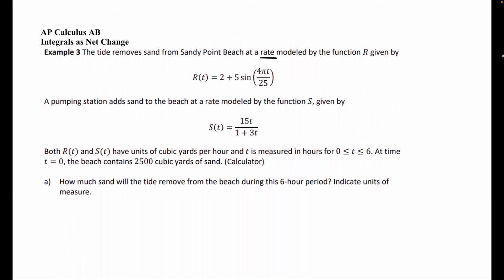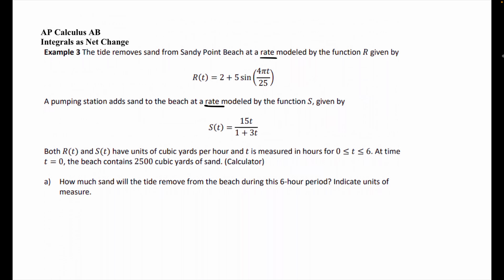S of t, right? It's another rate. In between that, there's already sand there. So three things are happening. Sand is leaving the beach, R of t. Sand is being added to the beach, S of t. There's already sand there. Beaches have sand already there. How much sand is already there?